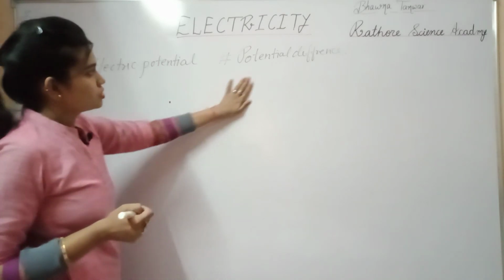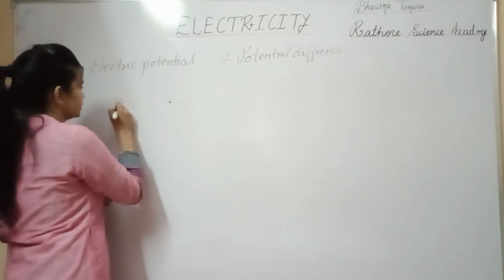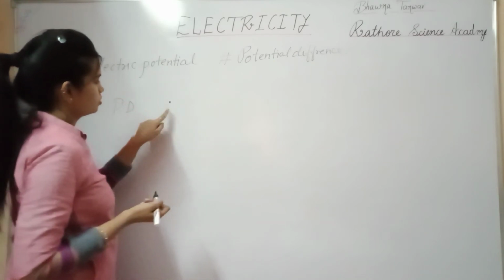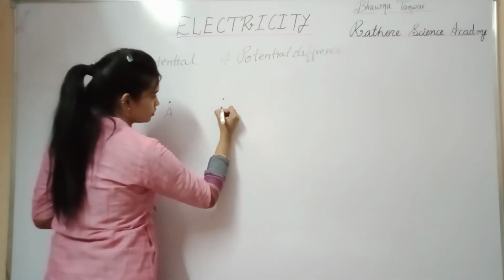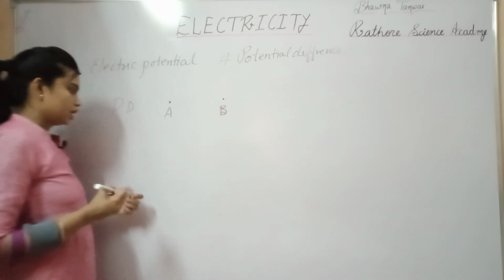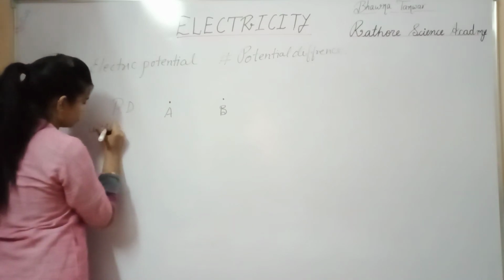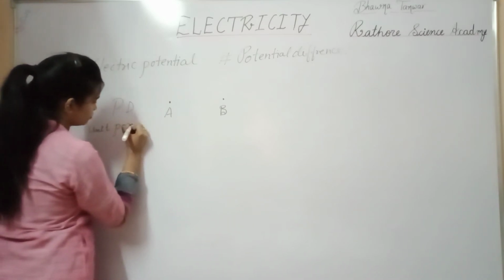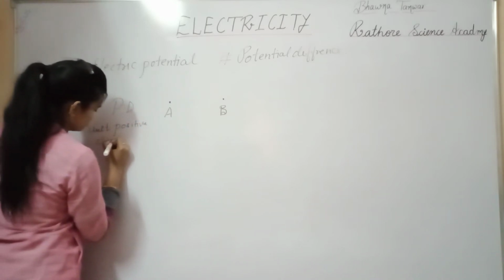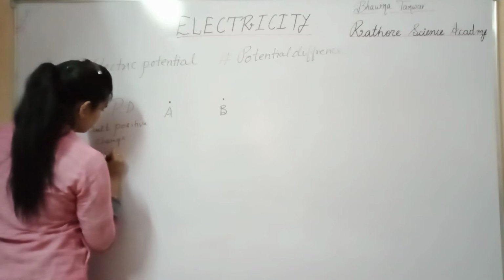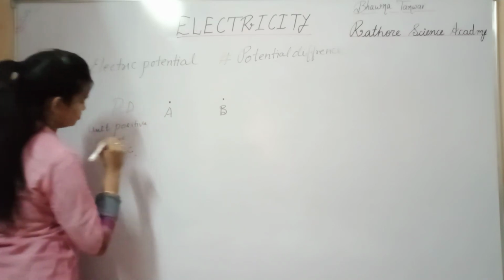Let us first discuss the definition of potential difference, PD. Suppose this is a point A, this is a point B, right? And a unit positive charge. This you have to remember, unit positive charge, plus 1 coulomb.